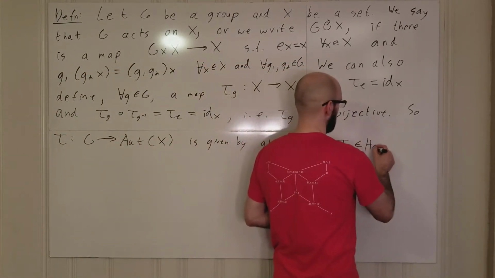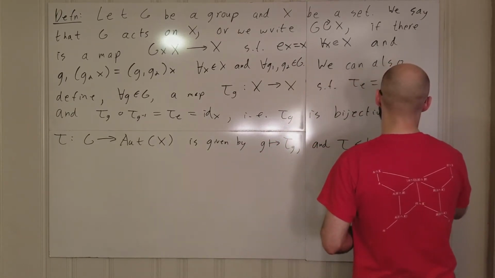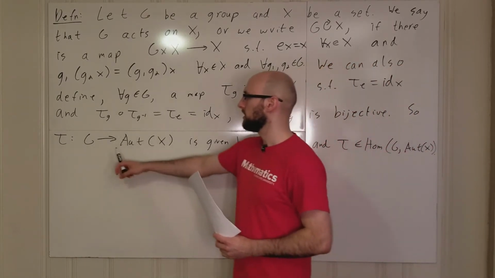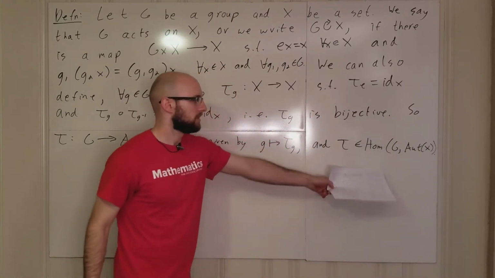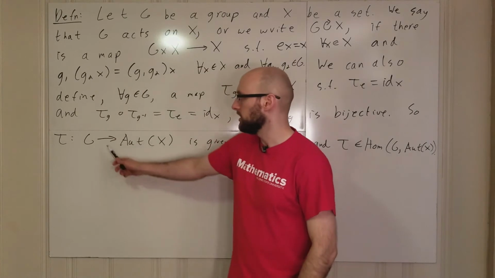So it's in Hom(G, Aut(X)). Now, of course, does this even make sense to say that tau is in Hom(G, Aut(X))? G is certainly a group.